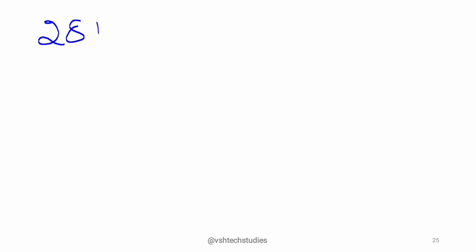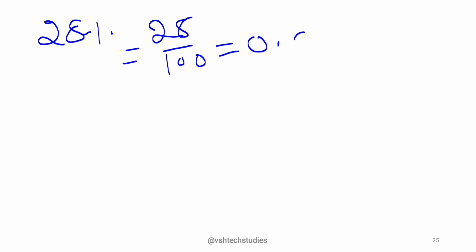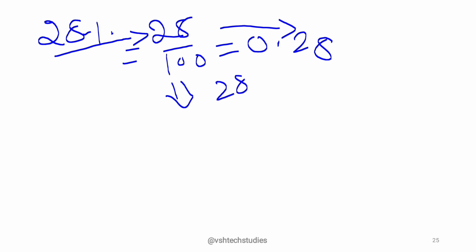So 28% is equal to 28 upon 100. So 28 divided by 100 gives 0.28. So this is 28% in fraction, 28 upon 100, and in decimal this is equal to 0.28. Now if you simplify 28 upon 100, 2 14s are 28, 2 50s are 100, further 2 7s are 14, 2 25s are 50.